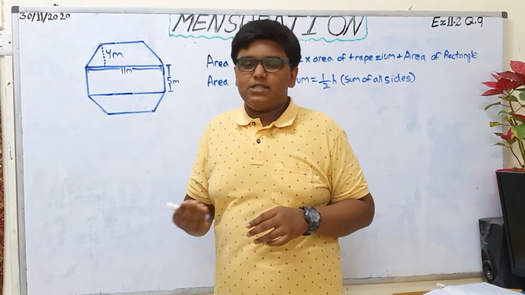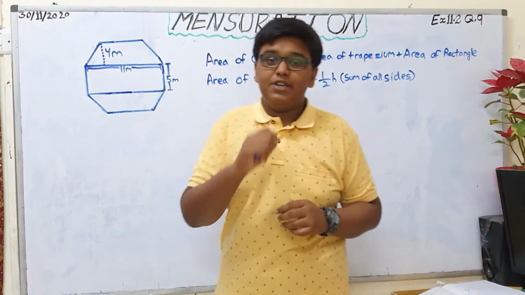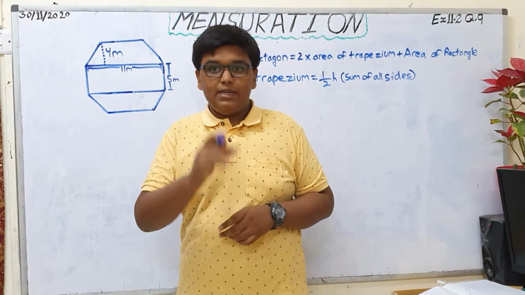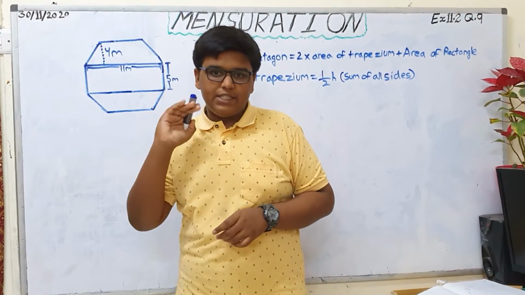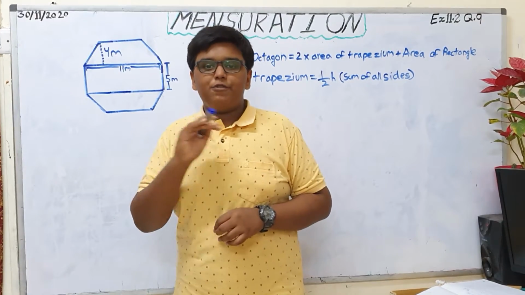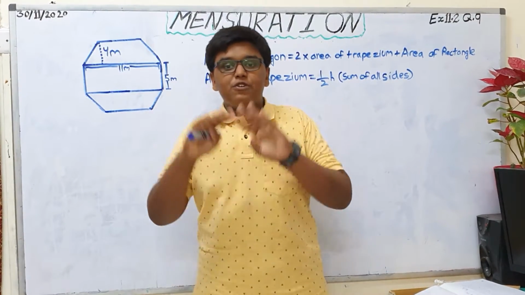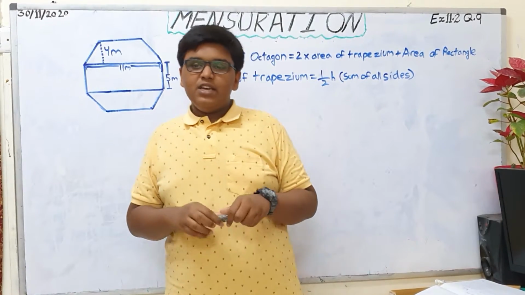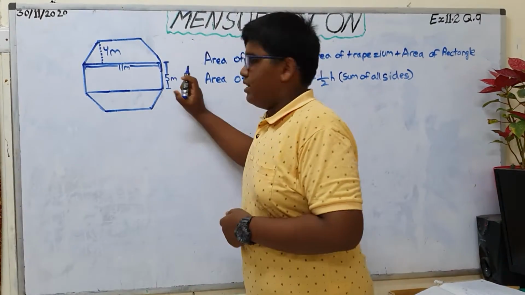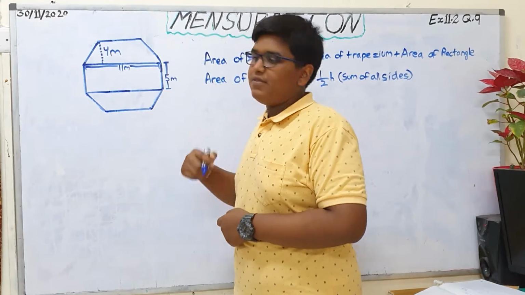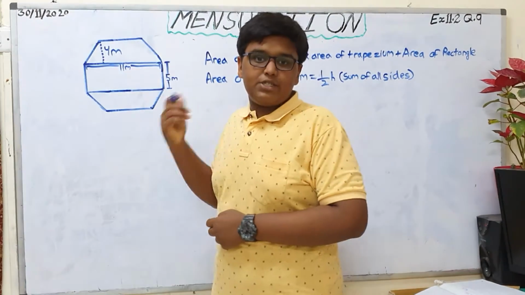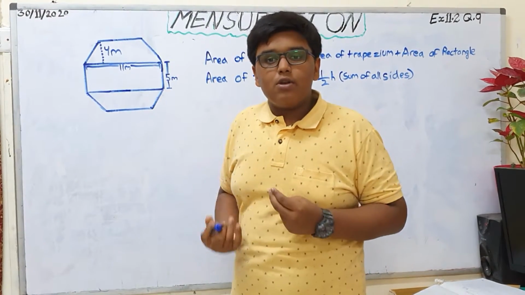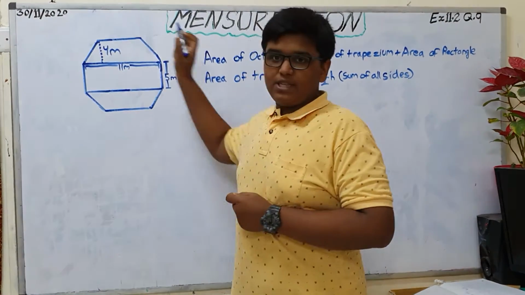Now as the square, the best example, we have all the sides equal, and the four angles are 90 degree, and four sides are equal. If one is 25, all the three sides are also 25. Like that, this question has given us a shape which is octagon. Now octagon also has each side equal.